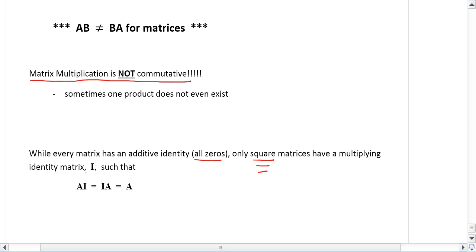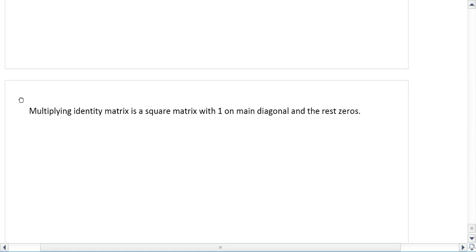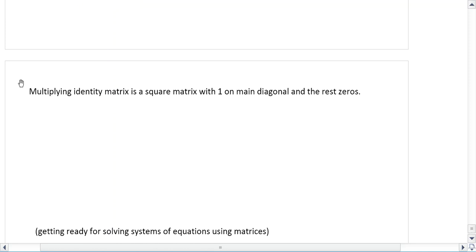The identity would be represented by this letter I, such that if you took the matrix times the identity, you would get the matrix. If you took the identity times the matrix A, you would still have A. It did not change A at all. So we need to look at what that identity matrix would look like. And this is the best way I know of to show you that.